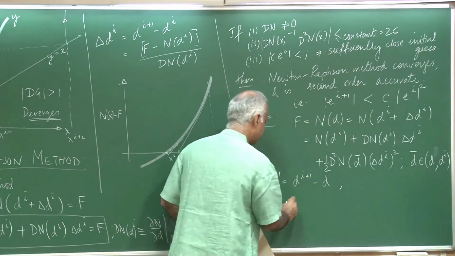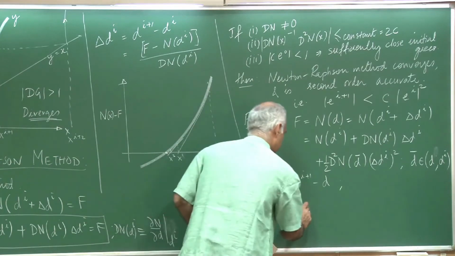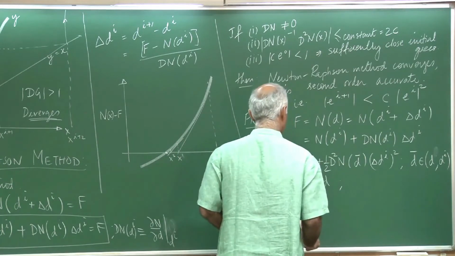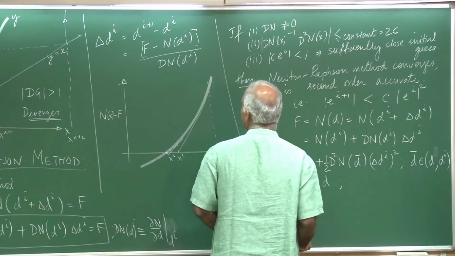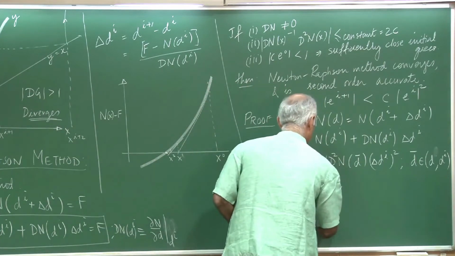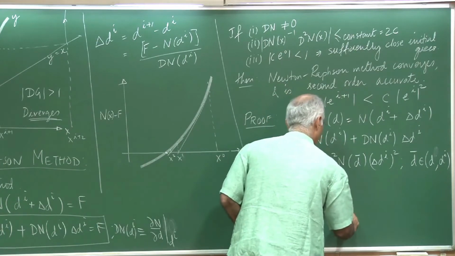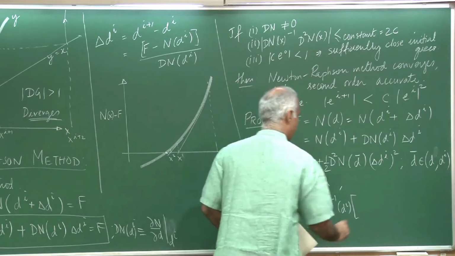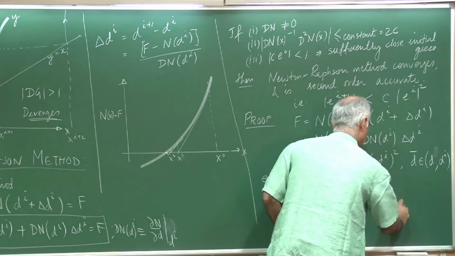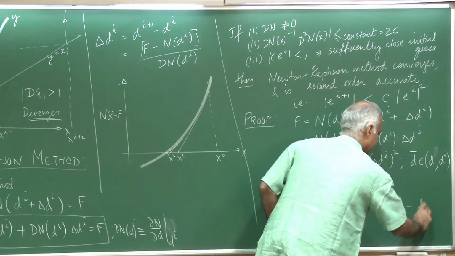Now I am going to substitute for d_i plus 1, which I write as d_i plus delta d, and we already know what delta d is. I write this as dN inverse of d_i times f minus N of d_i, and this minus d.